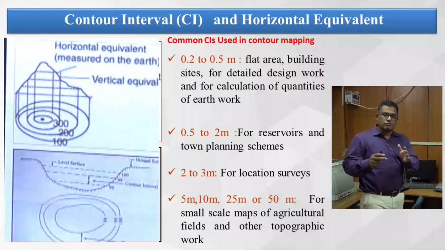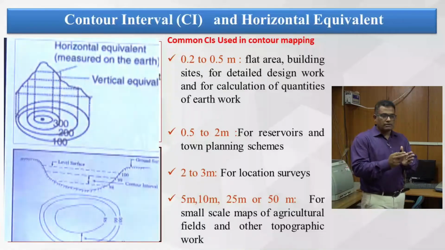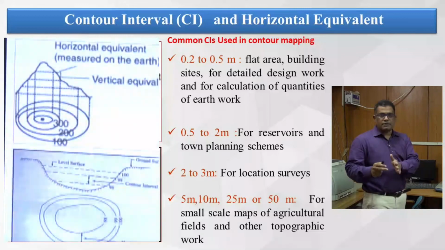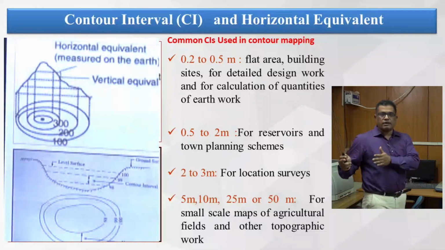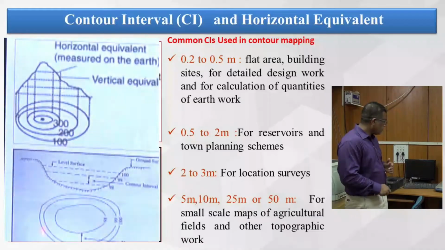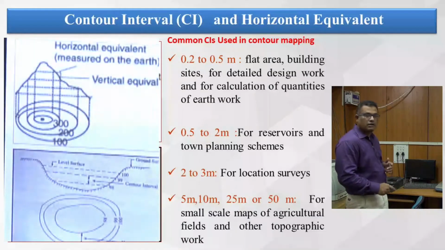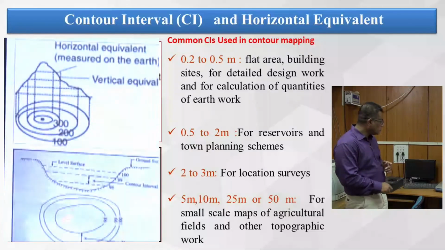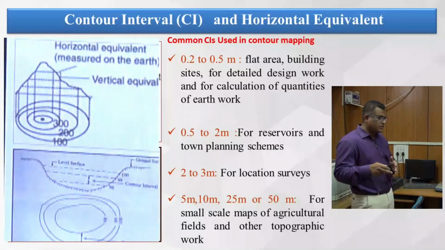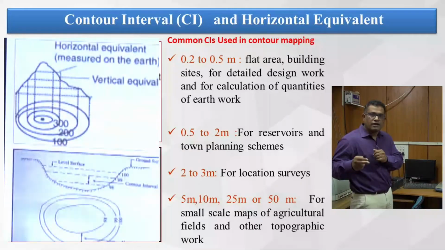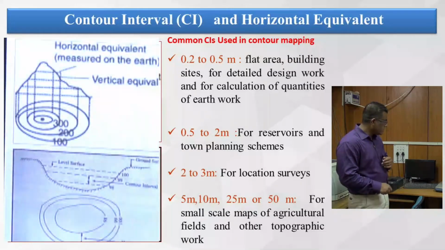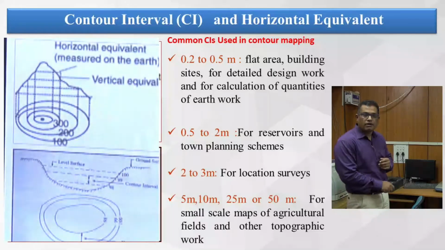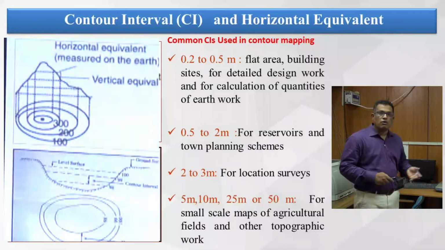The horizontal distance would be how much one particular distance on the map represents on the ground. In this case, the horizontal distance would be, say, from this point to this point. The vertical interval is 1, because we are taking contours at 1 meter interval. But the horizontal equivalent would be the actual scale of the map. If the scale of the map is 1:100, then 1 centimeter would be 100 centimeters on the ground. So that is all about horizontal equivalent.